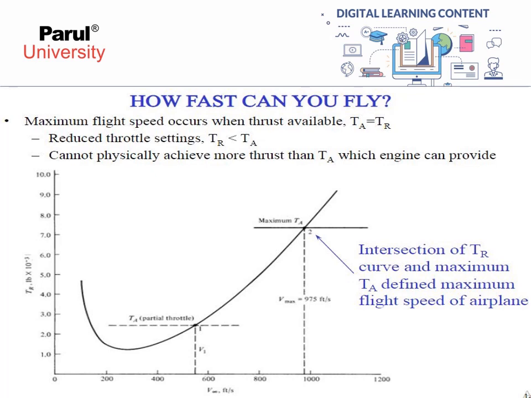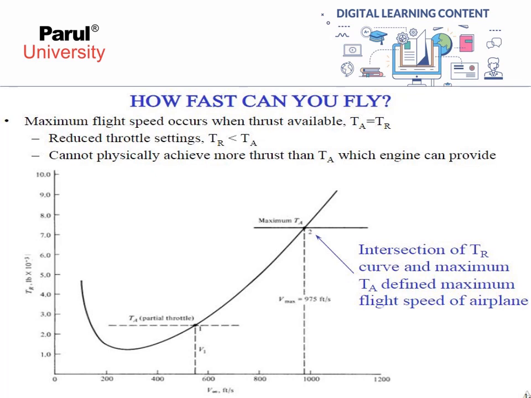Now, in the graph between thrust required and V infinity, this curve shows the thrust required curve. Point 1 is TA, thrust available at partial throttle, and the corresponding velocity is V1.